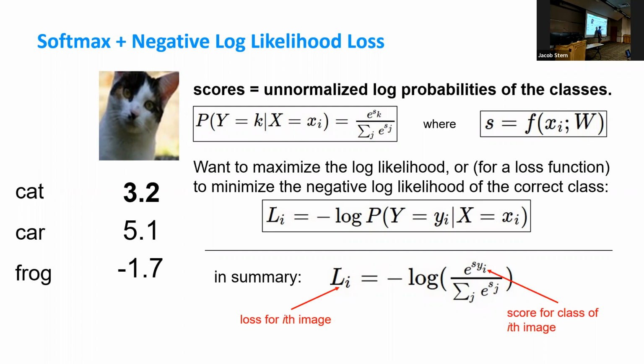Big X represents a random variable that represents our input. Little xi represents the particular input that we are providing to the neural network, for example, an image of a cat. Big Y is a random variable representing the output, the label for that image. And then little yi is the particular label for this image, which is cat.